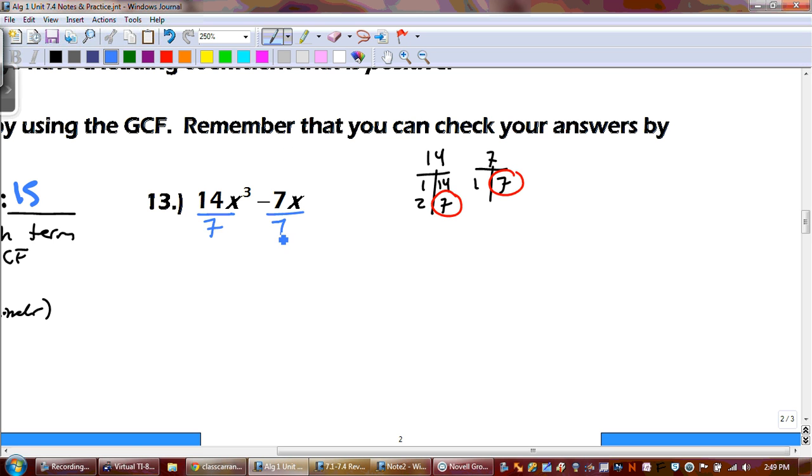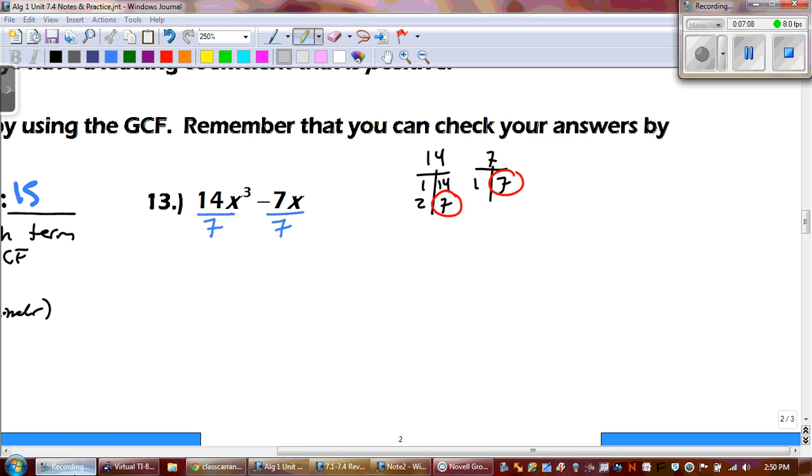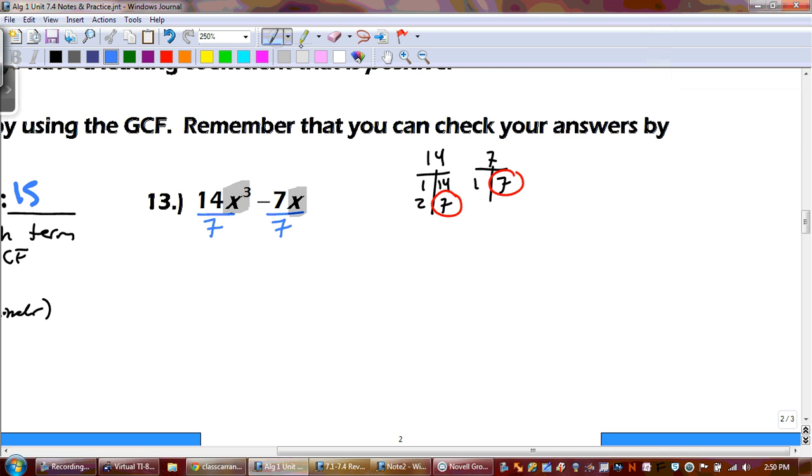So my GCF is 7, but it's not just 7 because what do they both have? Guys, they both have x's. So don't forget the x's. Hold on real quick. They both have x's, but what's the smallest amount? The smallest exponent is the 1.